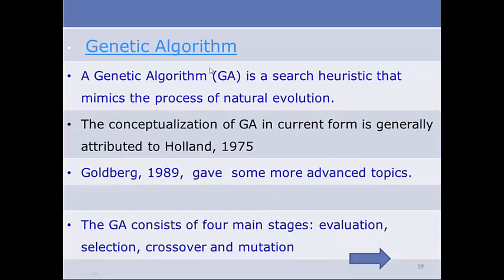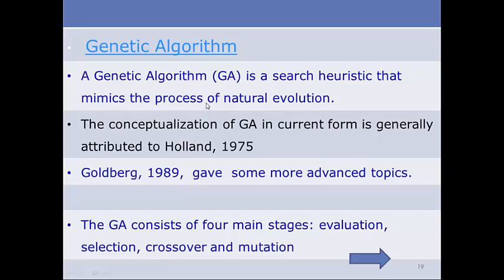Next, coming to the genetic algorithm. After having all these assumptions and details, we will come to the genetic algorithm. A genetic algorithm is a search heuristic that mimics the process of natural evolution.